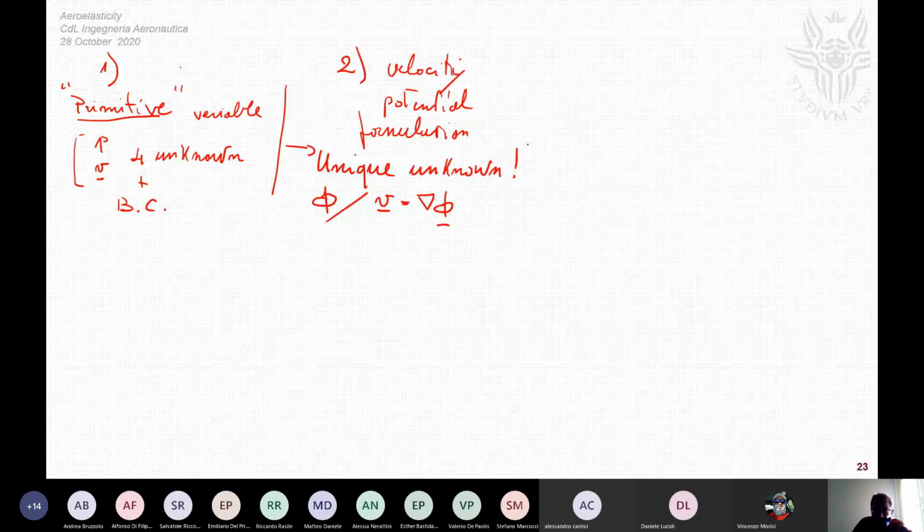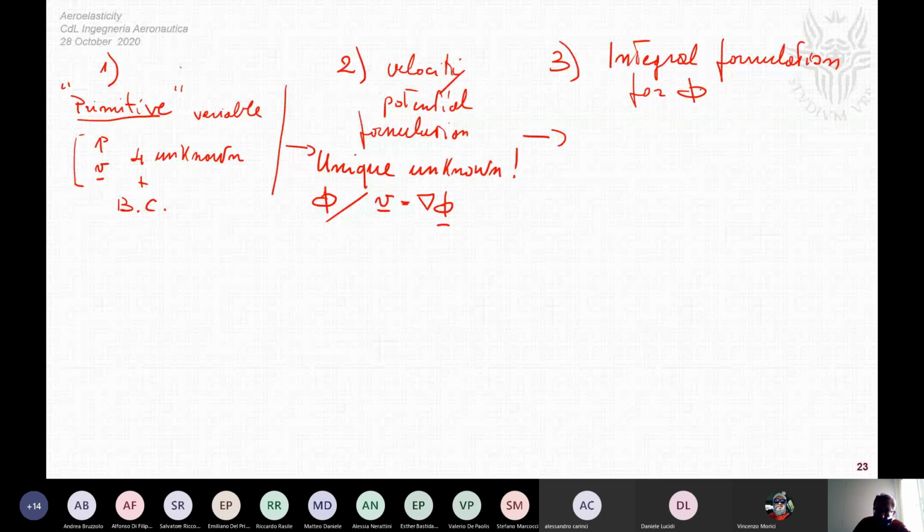Now we are ready for the step number 3. And the step number 3 is integral formulation for phi. Okay? Next hour, and we have a break now. Thank you.